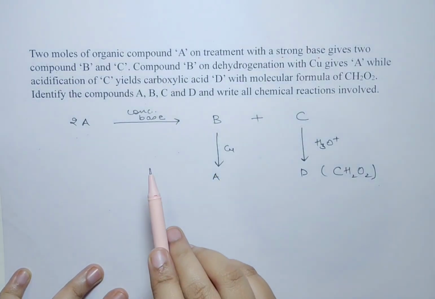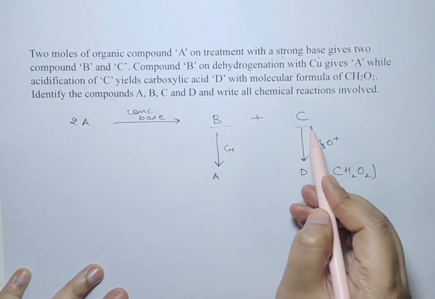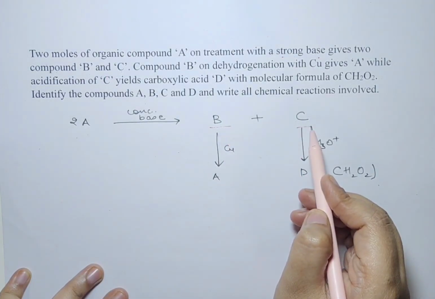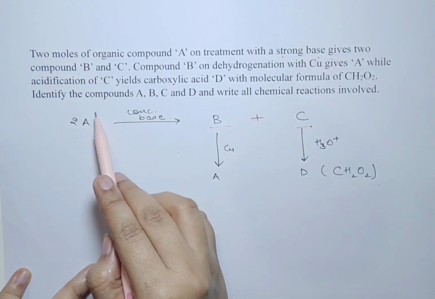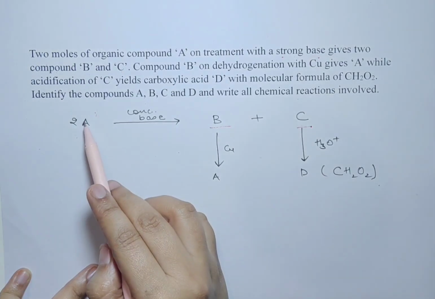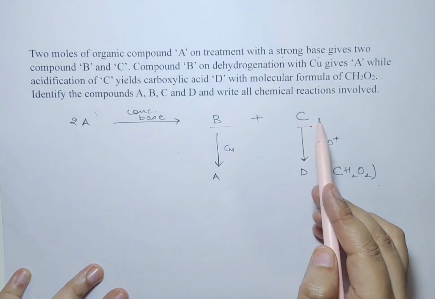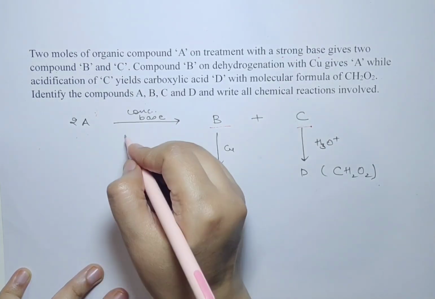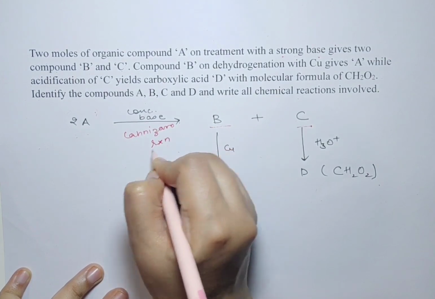The second clue, and the stronger clue, is that it's giving us 2 products. If it had been aldol condensation, 2 moles of the aldehyde or ketone with alpha hydrogen would have given us only 1 product. Since we are getting 2 products here, that means this is the Cannizzaro reaction.